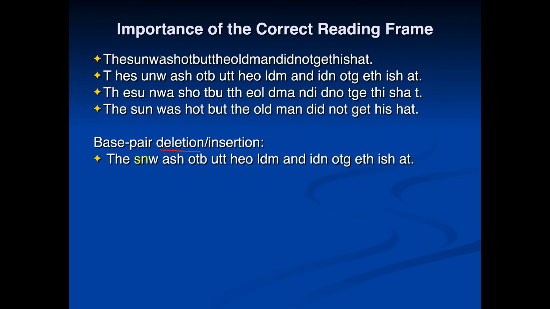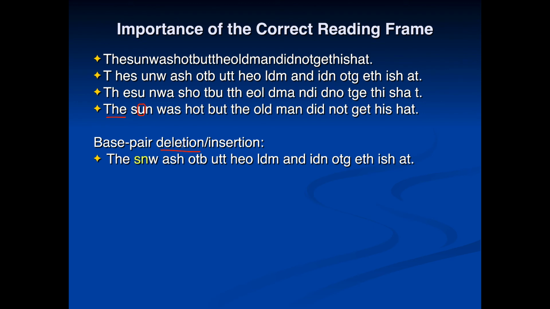I've taken the U, that particular letter, completely out. If we keep with the same reading frame, I got the first letter, think of it like our first amino acid, that has function, that makes sense, but then look at all of the words after that. This is how important reading frame is.